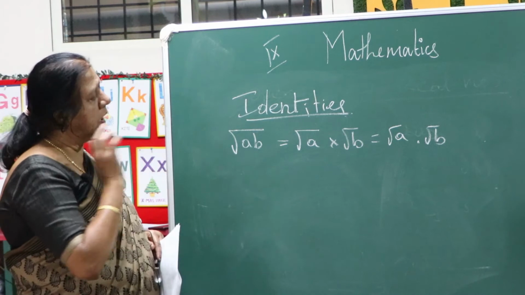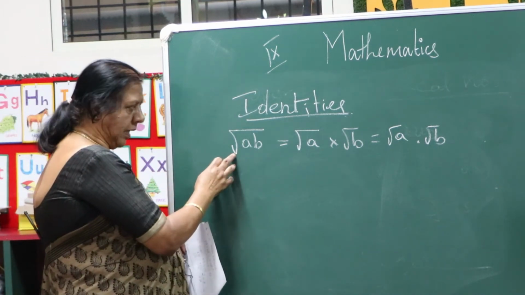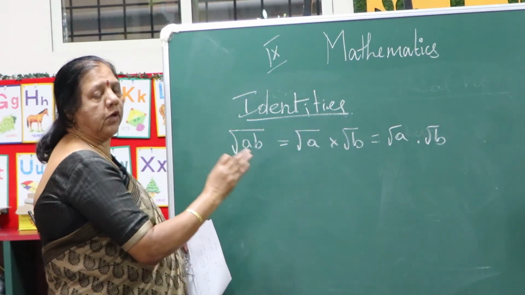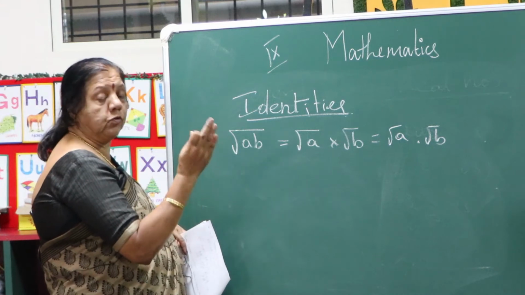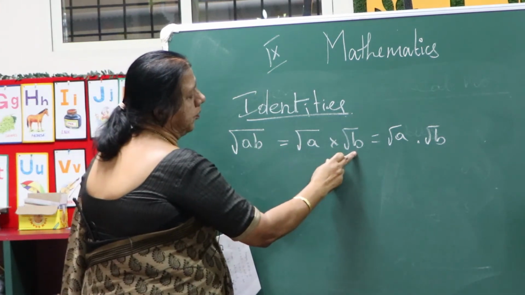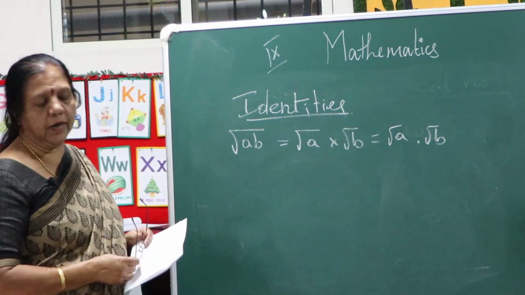Instead of into, I put dot. Here AB is on one side; we have to break it for simplification. In future you can simplify root A into root B. So this is one identity.